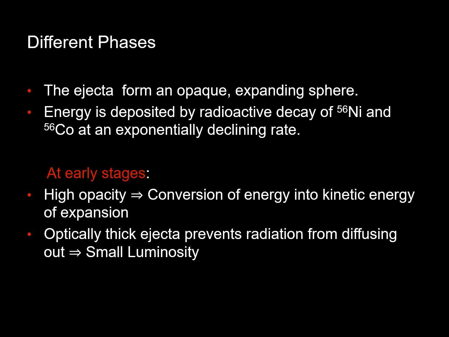The diffusion can be seen as the scattering of photons by the optically thick ejecta. But because of the very high opacity of the ejecta, very few photons pass through it, so there is very small luminosity.